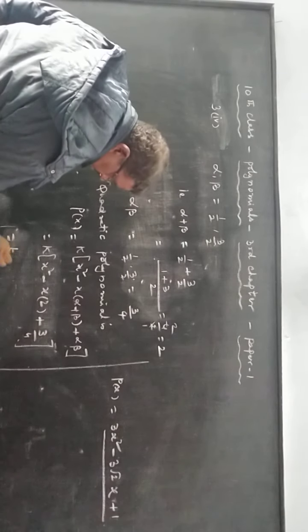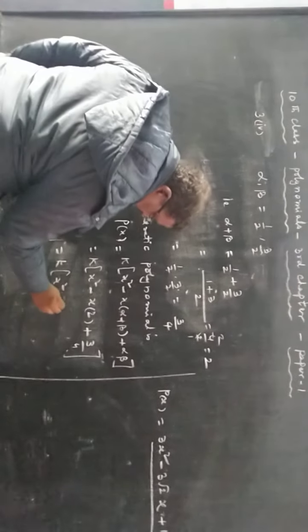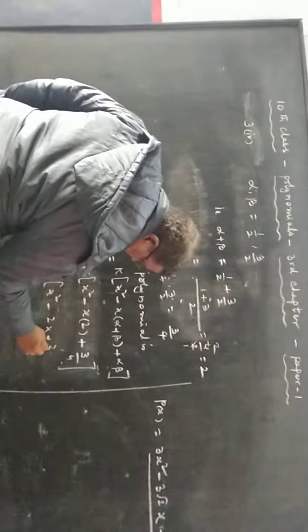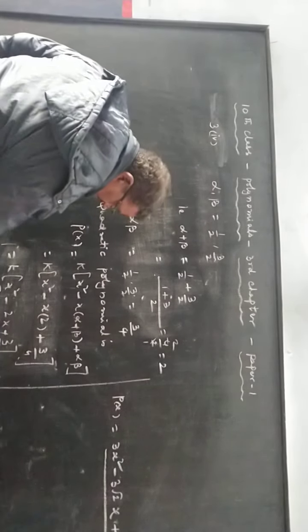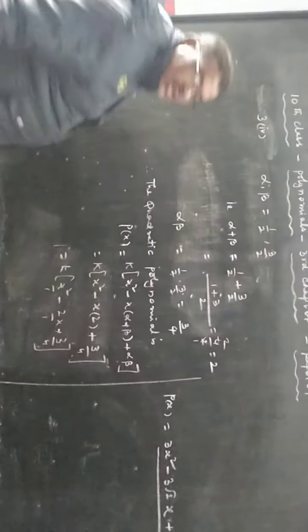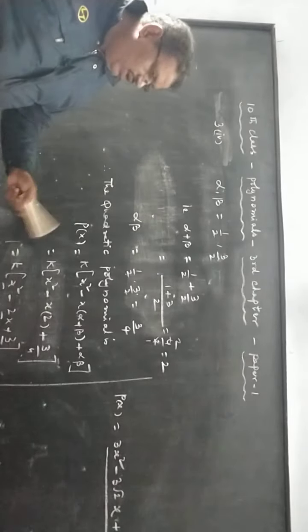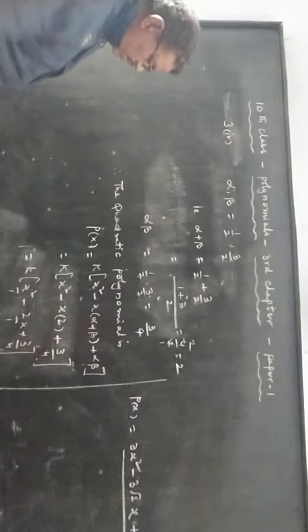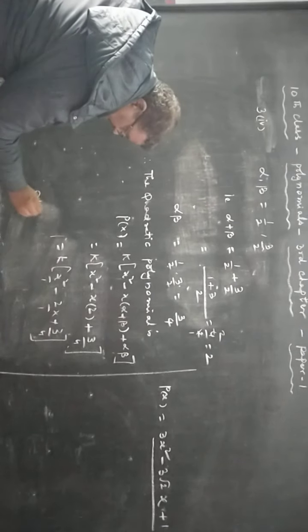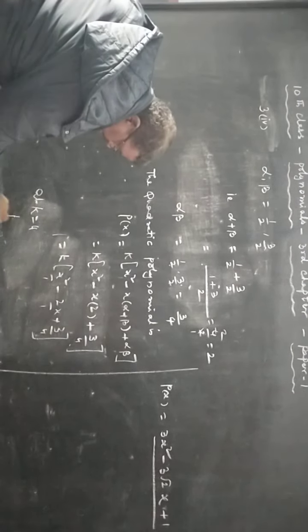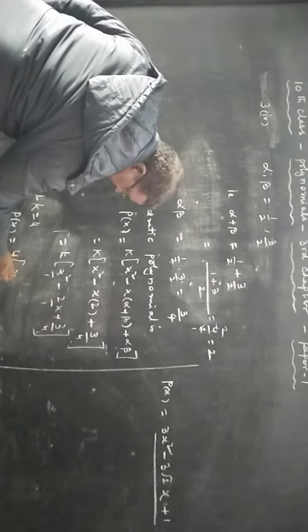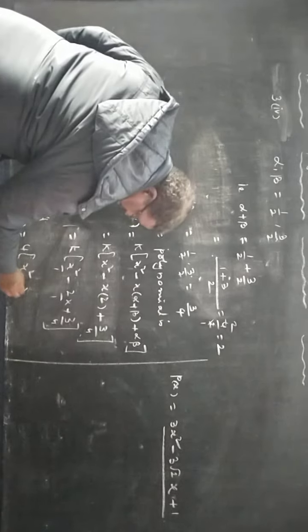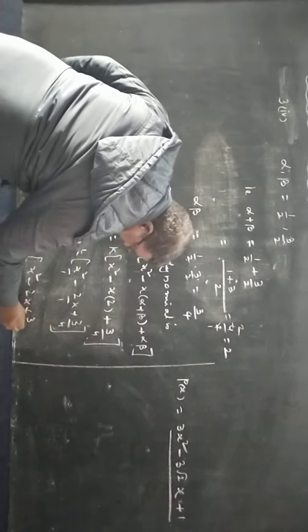K into x square minus 2x plus 3 by 4. Here the LCM is how much? 4, 1, 1, LCM is 4. So at k value is equal to 4, P of x is equal to 4 into x square minus 2x plus 3 by 4.